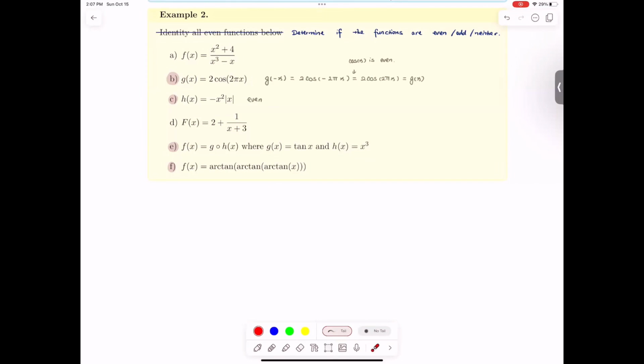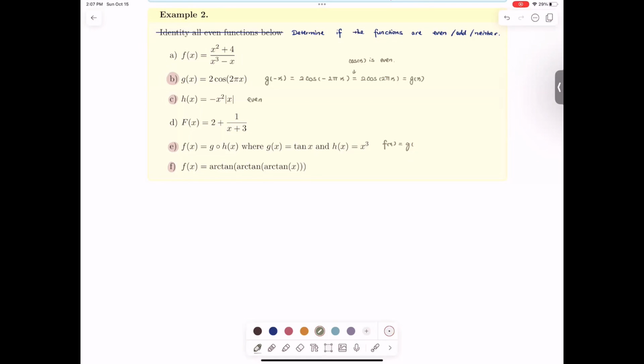What about E? We need to do some sort of computation, right? At least you should know what E is. First, let's find our f of x. f of x equals what? It's g compose h of x.